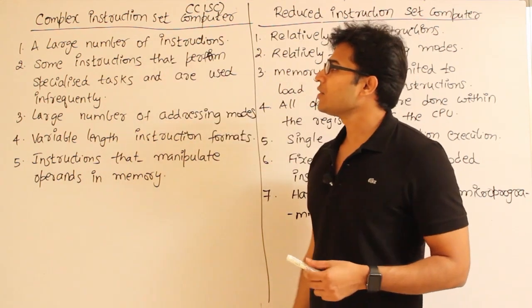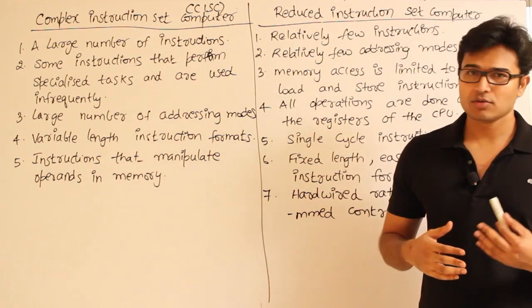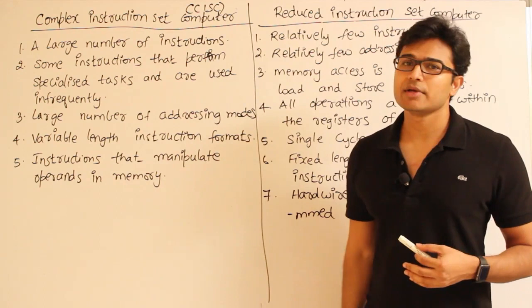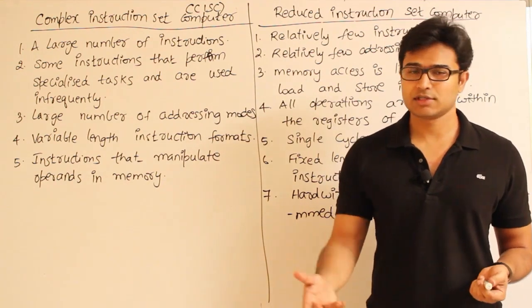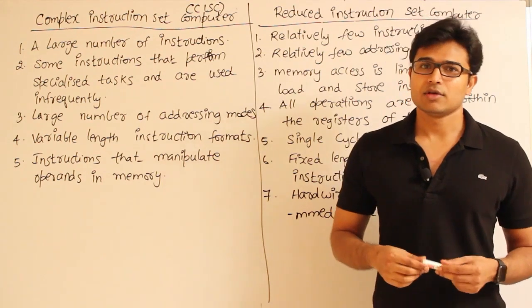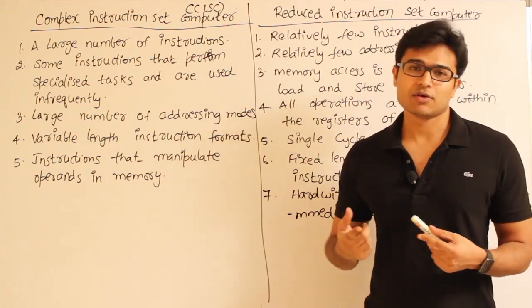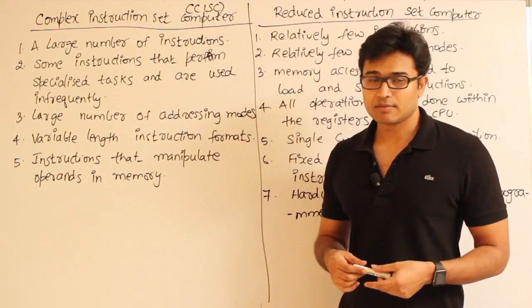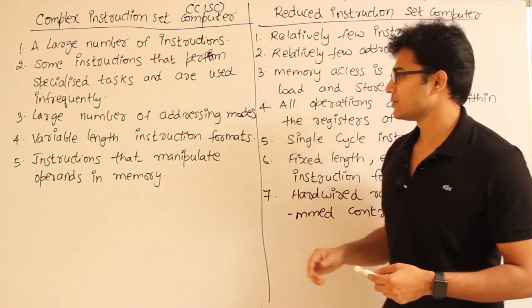So even though an instruction is not going to be used very often, still such instructions will be implemented in these computers. Just now I said one example is testing a bit in the data. So even though we don't use it frequently, if you are going to provide an instruction for that, it is of course going to be used very infrequently, but still it is going to be provided.